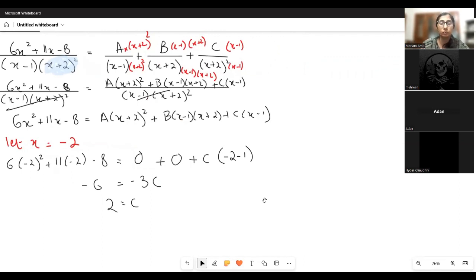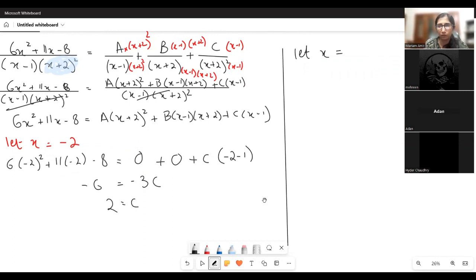Now I'm going to substitute 1 instead of x, in place of x. So let x equals 1. What happens now? This will become 0. This will also become 0, and we'll be able to find the value of a.